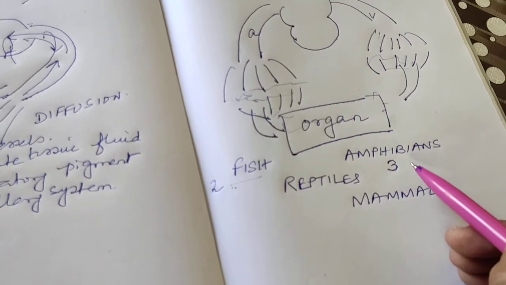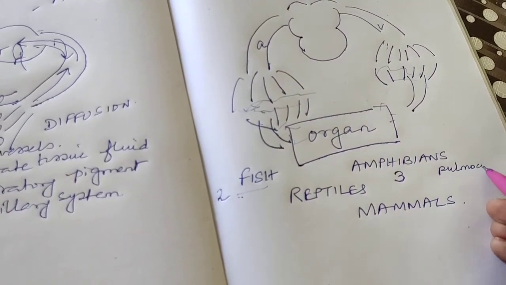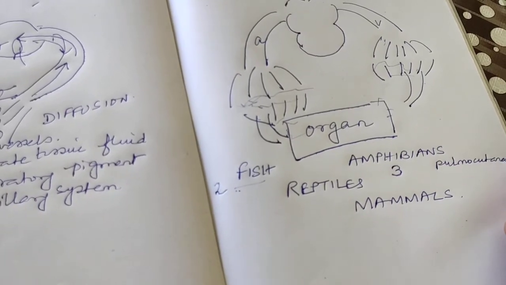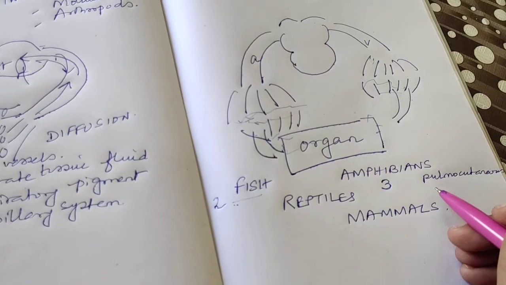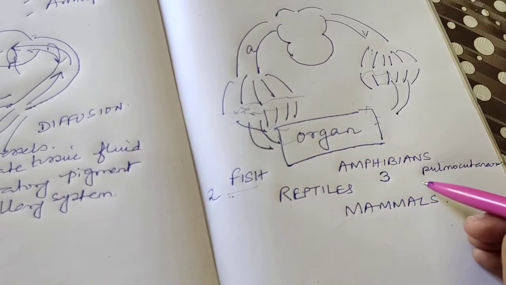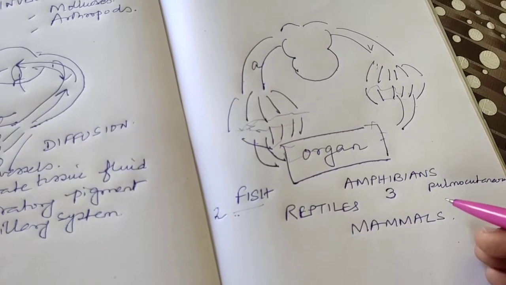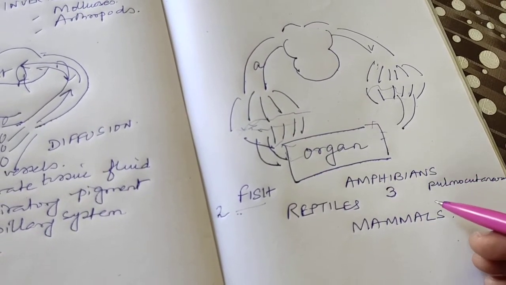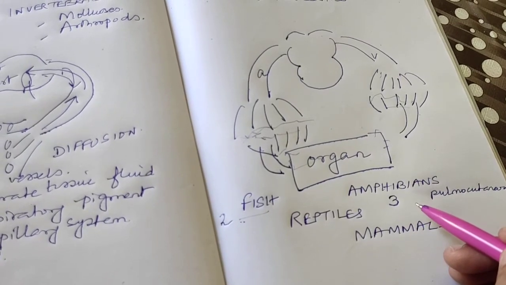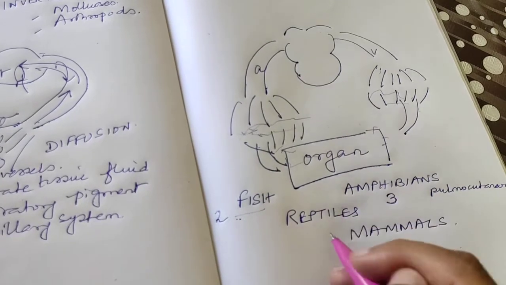But what they do possess is the pulmocutaneous circuit, whereby the deoxygenated blood is circulated through the lungs and the skin when they move out of water to get oxygenated. So there's a ridge separating the ventricles. There are the two atria, so it's a three-chambered heart again in amphibians.